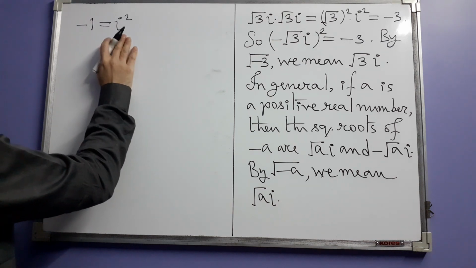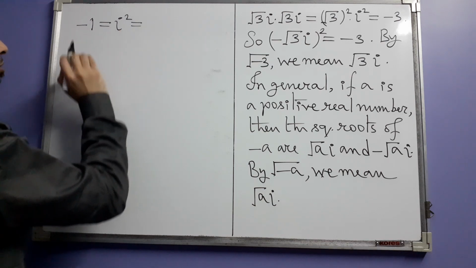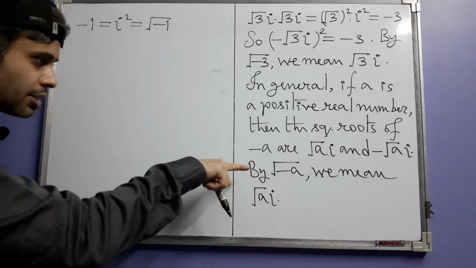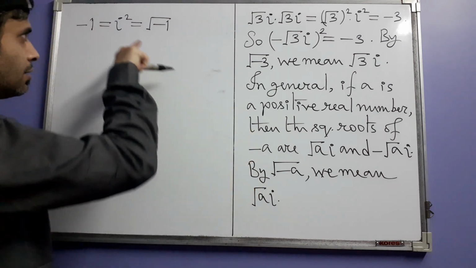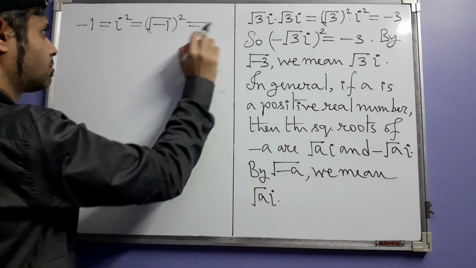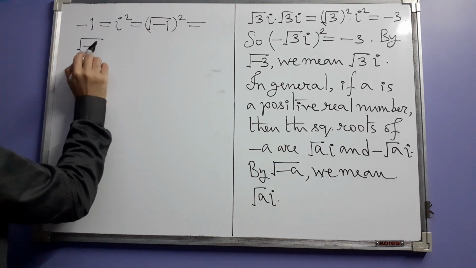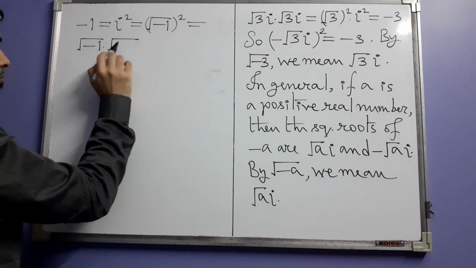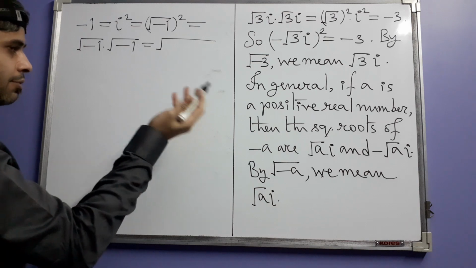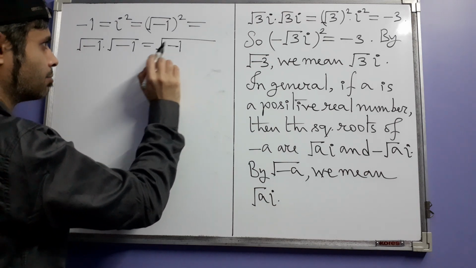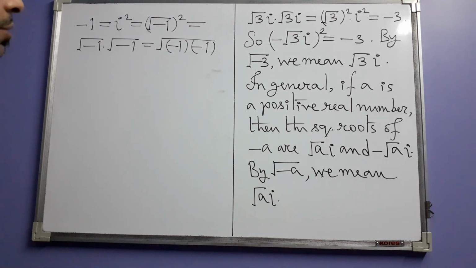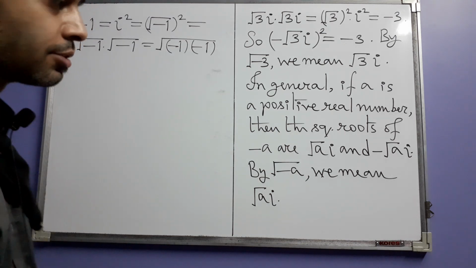Yes, this is how it starts. Now what is i? i is root minus 1, according to the notation we have developed here. So this means square root of minus 1 times square root of minus 1. So how you work with real numbers, you take the square root over both the numbers, and both of them are minus 1.